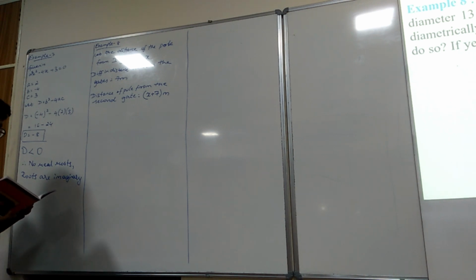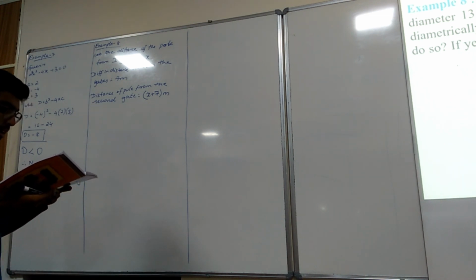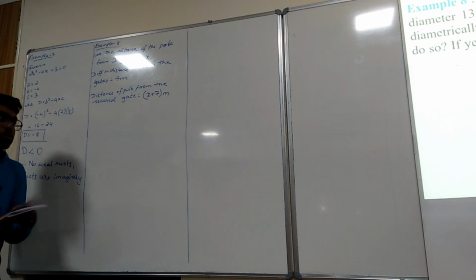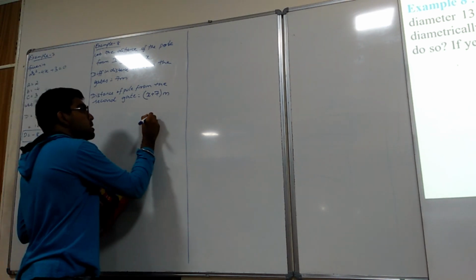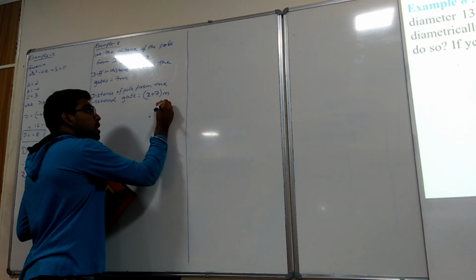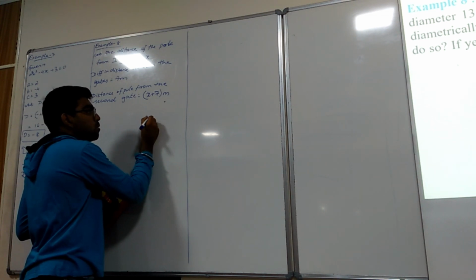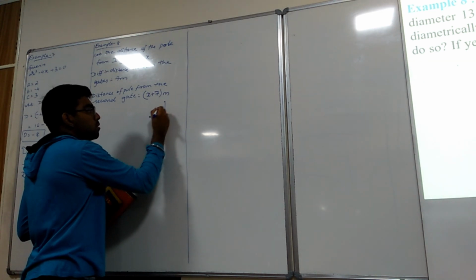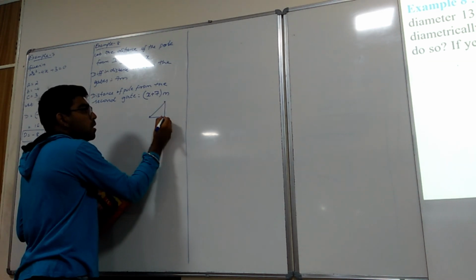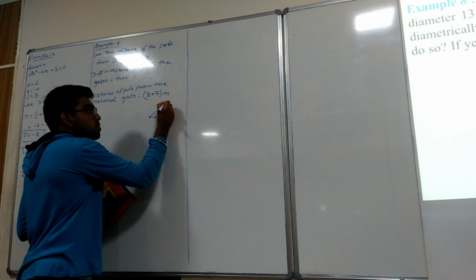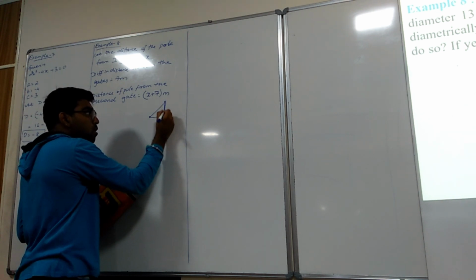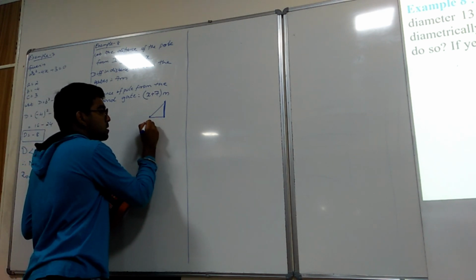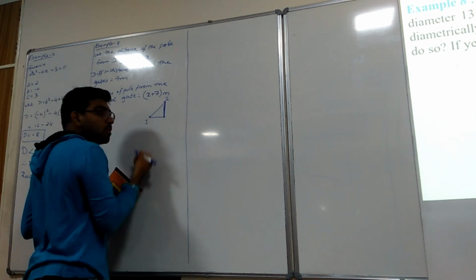Then what do we do? The diameter is given as 13 meters. So when you see this, here there is gate 1, here there is gate 2. This is my pole. So this pole has the first gate here, second gate here.